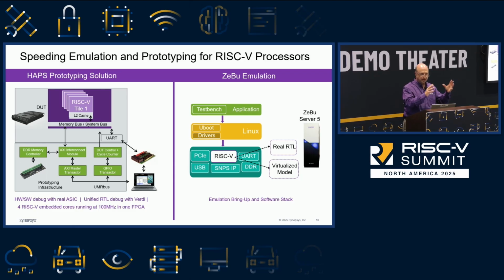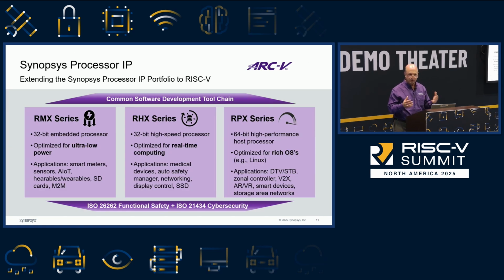Architecture exploration, design verification, software development, but also the IP. So Synopsys has been in the IP business for quite a while, in the processor IP business for quite some time. The original ARC processor IP goes back more than 25 years now. Over the last few years, we've evolved that so that it's supporting the RISC-V instruction set architecture. And now there are these 3 series of processor IP families: the RMX controller series, the RHX real-time computing series, and the RPX high-performance series.